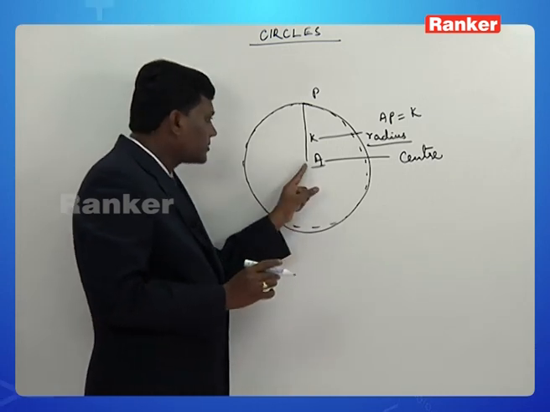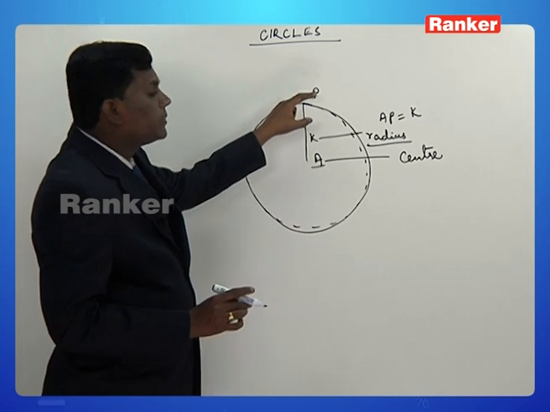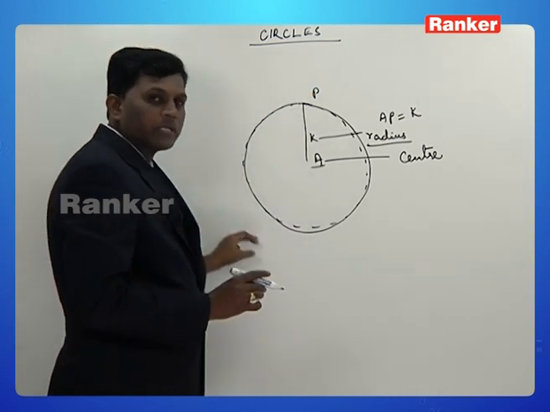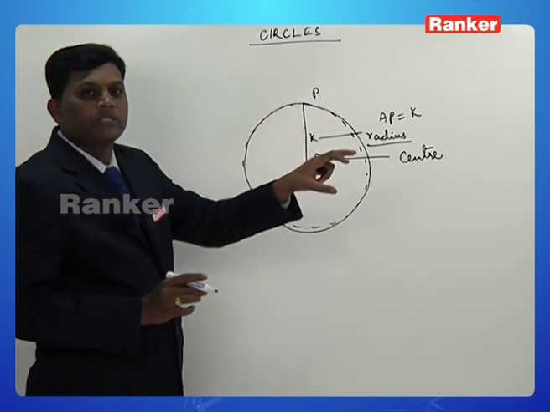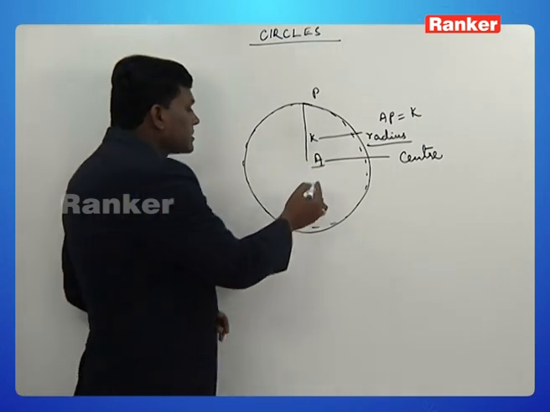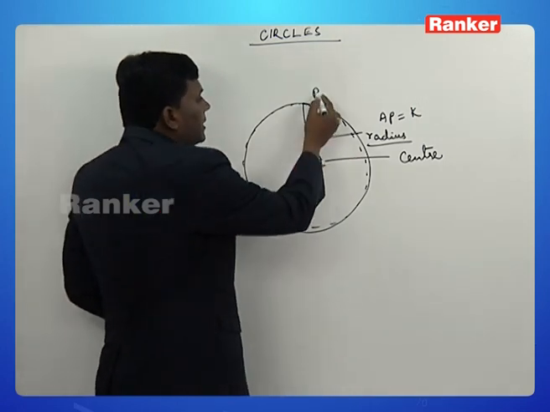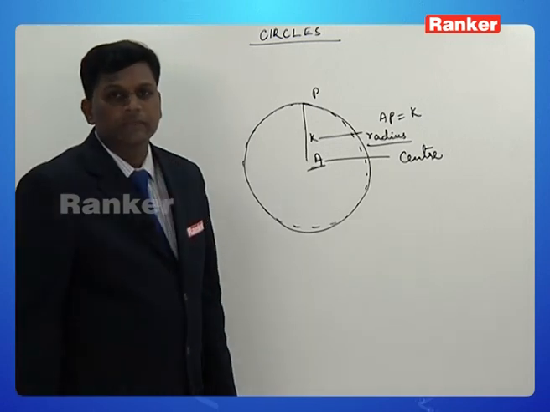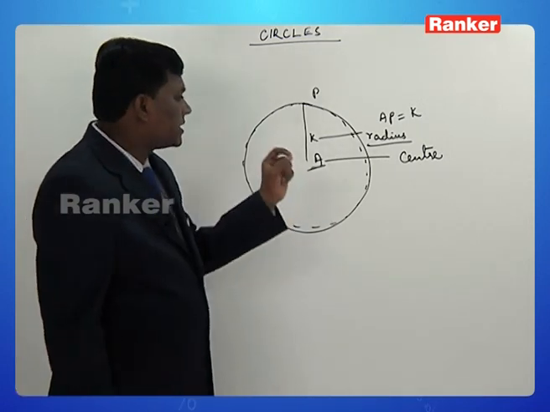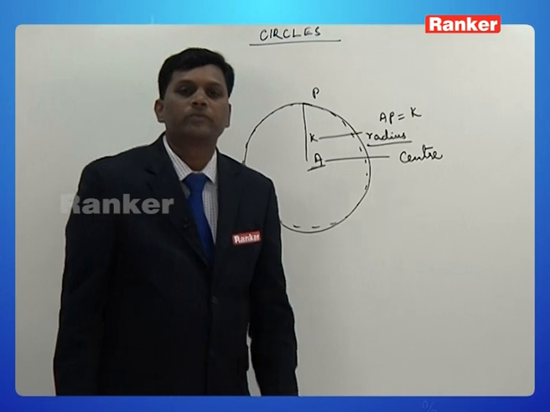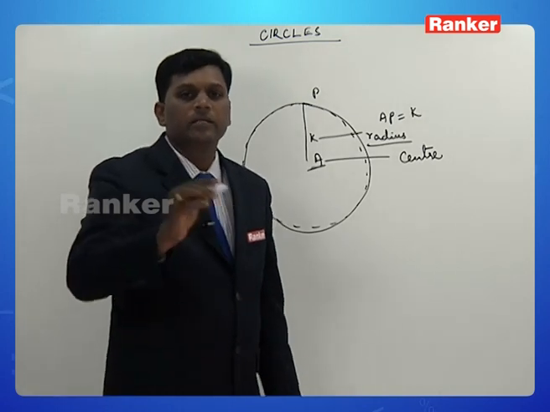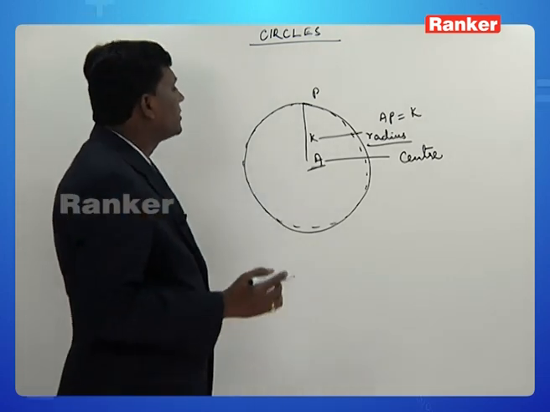Here, if A is a fixed point and P is a variable point moving such that AP is always a constant K, it is defined as a circle with center A and radius K units. By using this, we take the first standard form of the circle. The center-radius form of a circle we can define.